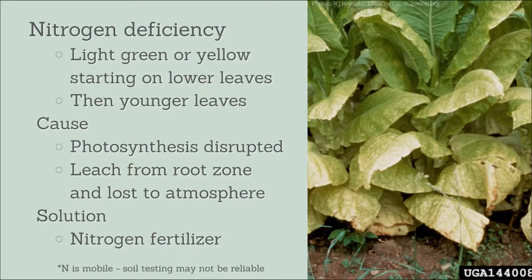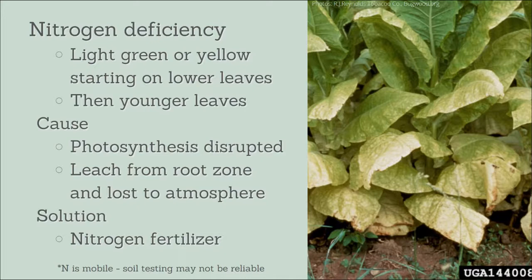So nitrogen deficiency symptoms: that light green or yellow starting on the lower leaves. It'll affect those lower, older leaves first and then work its way up to the younger leaves. This is a picture of a tobacco plant. I know, totally random for right here, but it was a picture I found showing identifiable nitrogen deficiency.